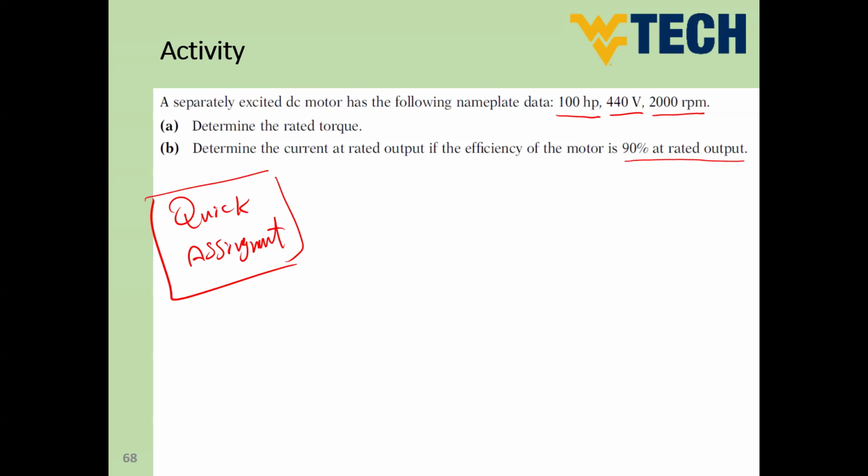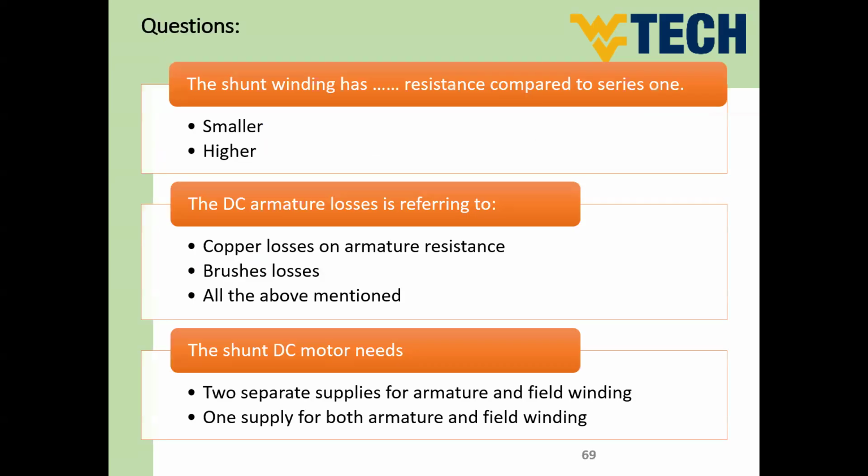Okay, guys, so we have very few multiple choice questions here. Let's read these questions before ending. The shunt winding has blank resistance compared to the series one. So we mentioned, guys, the series winding resistance compared to the shunt winding resistance, what is the relation?